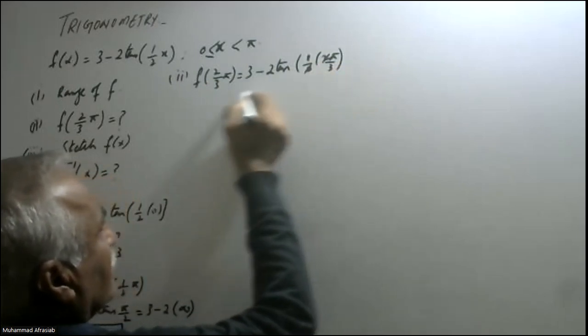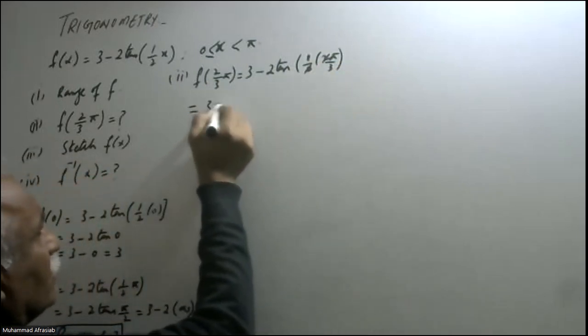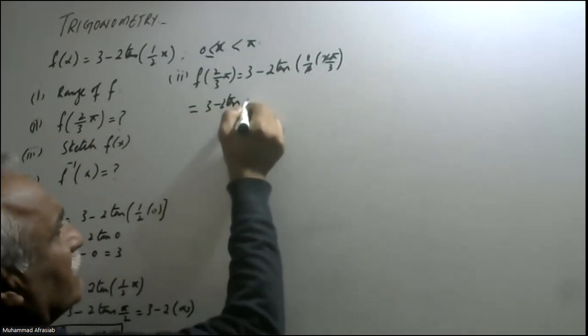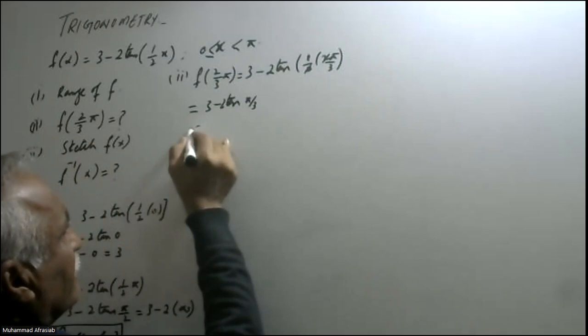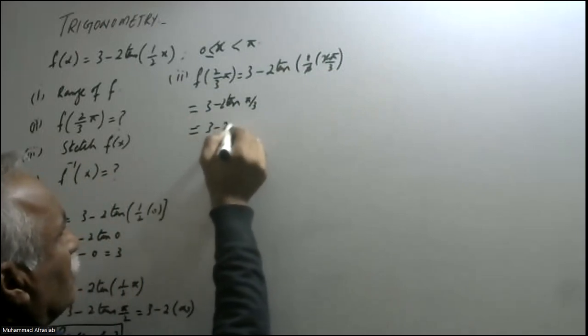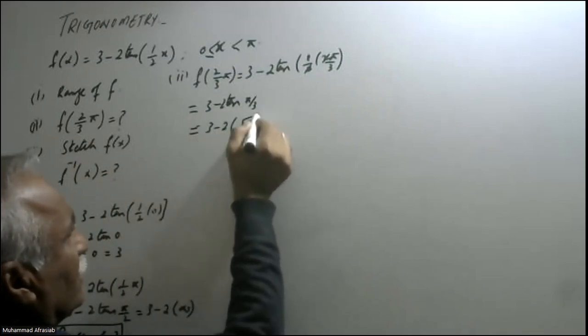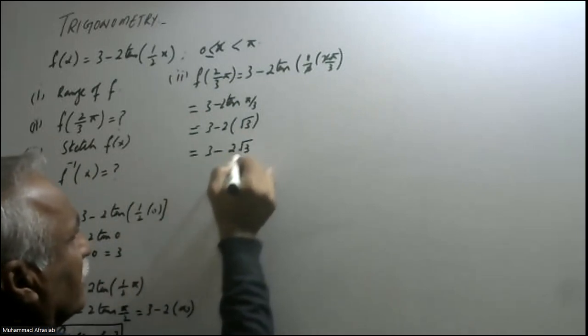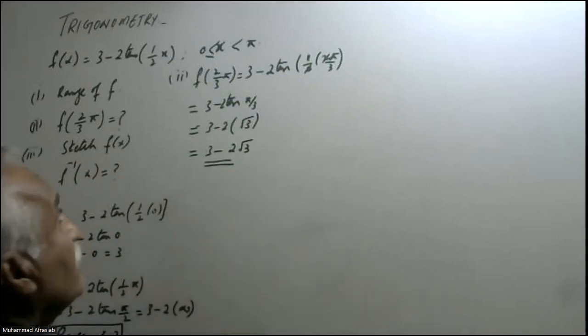This 2 and 2 cancel, so this will be equal to 3 minus 2 tangent of pi by 3. Tangent of pi by 3 is equal to root 3, so this value is equal to 3 minus 2 root 3.